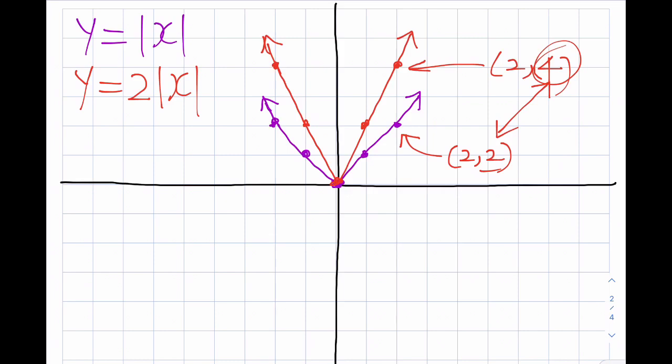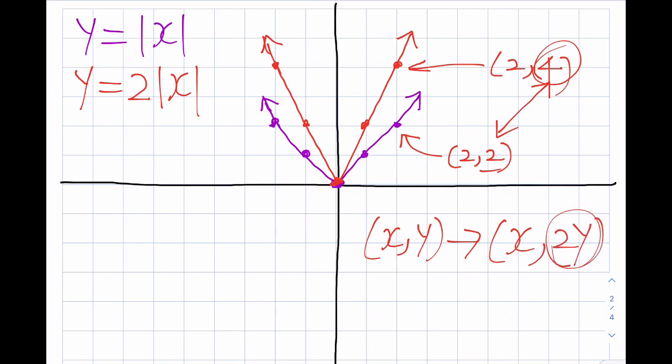And in terms of mapping notation, we can write it as (x, y) arrow (x, 2y), because our y's are being doubled. And in general, our mapping notation will be this.